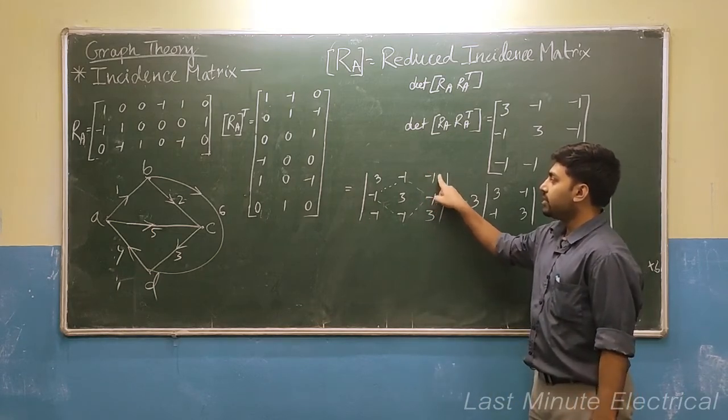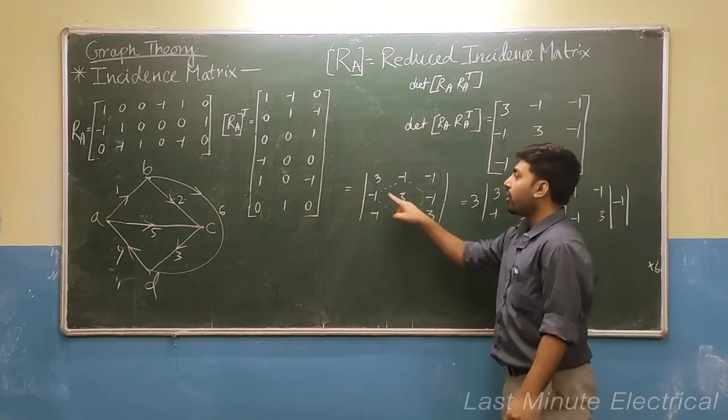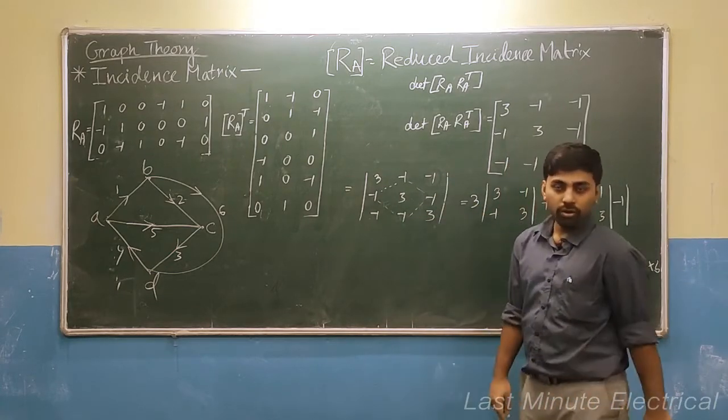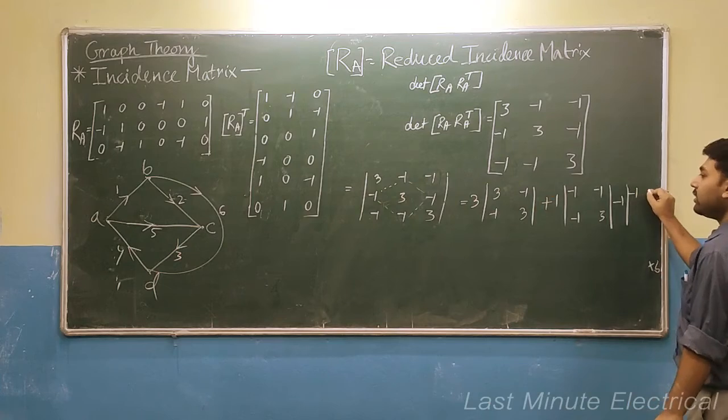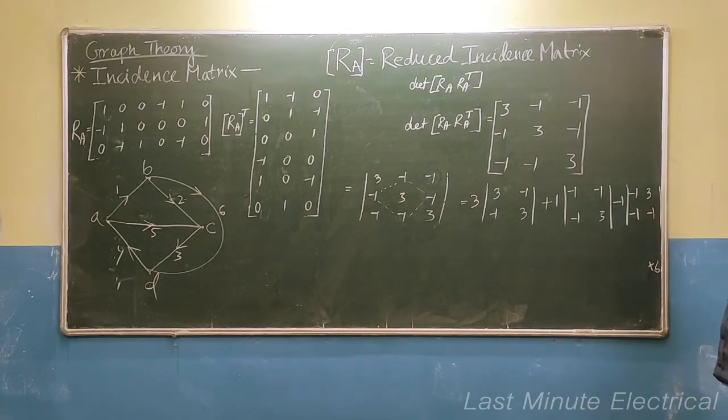If you consider this -1, remove the third column and first row, you will get -1 3, -1 -1. Okay.